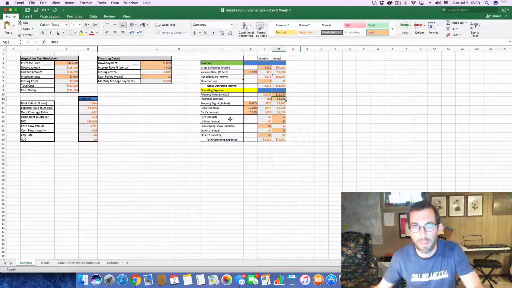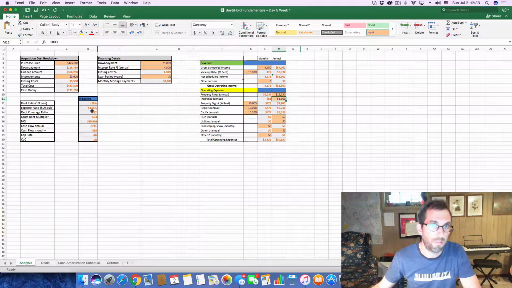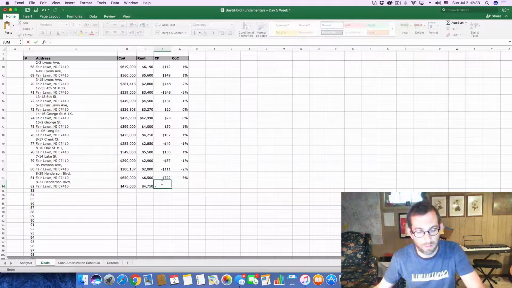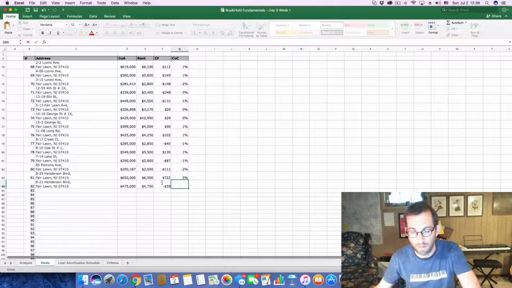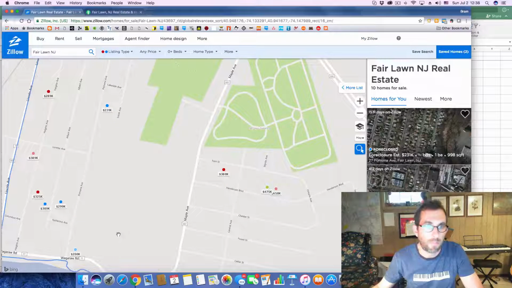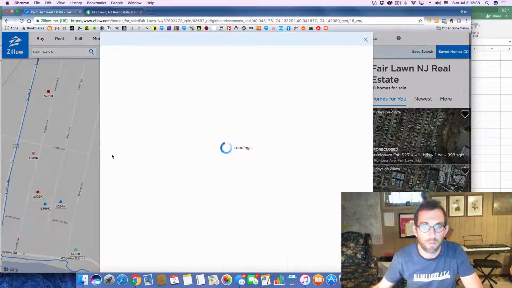See what I mean about the taxes? This is almost $200,000 less, and the taxes are a lot higher. And here we go. Monthly cash flow is minus 59, and we got a negative 1%. And we're ready for the next one.